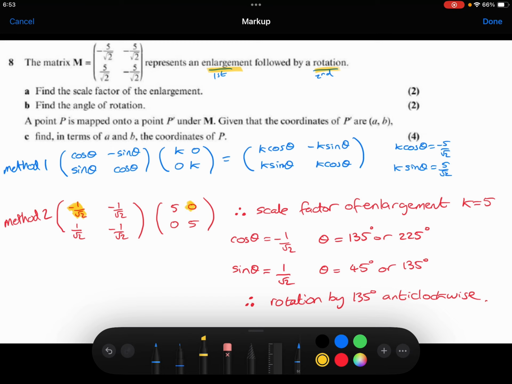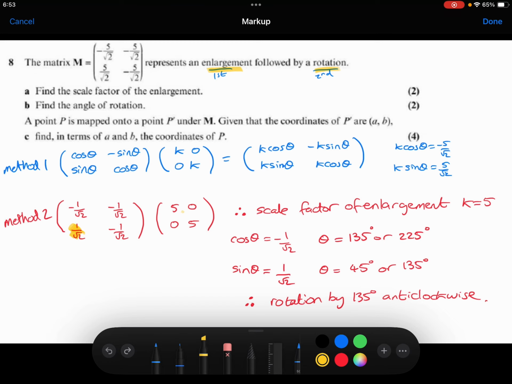This times this plus this times this does give this. This times this plus this times this does give this. And this times this plus this times this does give this.